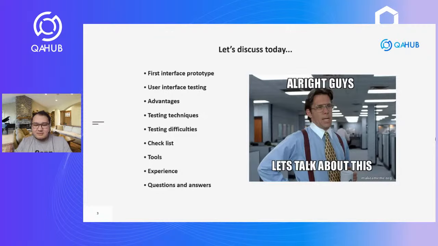In the end, I'm going to share my practical experience and common bugs in UI testing. Then we will have a QA session where you can ask any questions related to today's presentation.